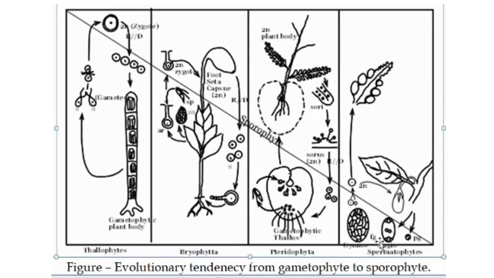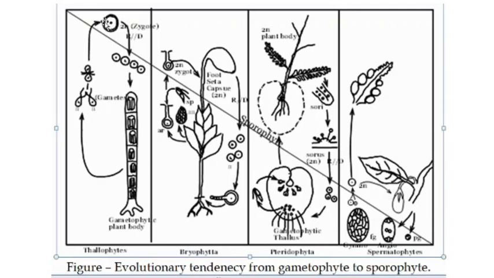These are embryophytic plants. Embryogenesis, in fact, occurs in Pteridophyta as well as in Spermatophyta, both in gymnosperms and angiosperms. So here we are talking about the predominance of sporophyte.